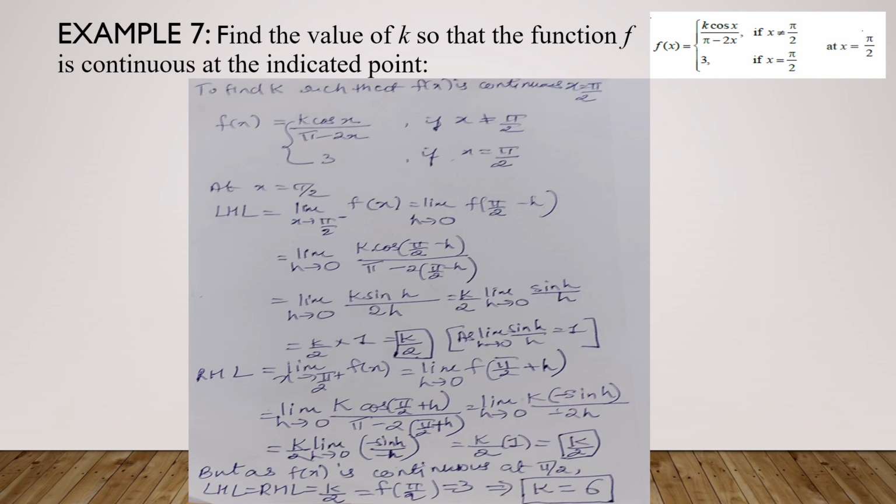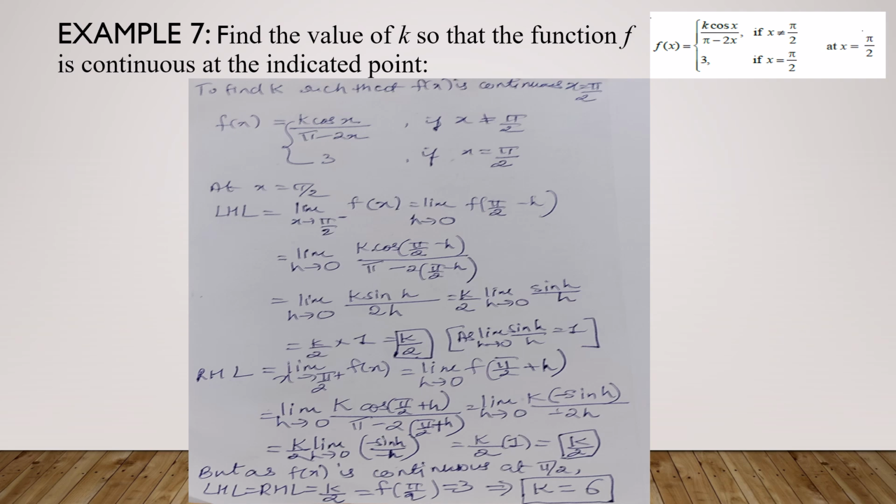So limit x tends to pi by 2 from the left hand side, means limit x tends to pi by 2 minus of f(x). How is it defined? It will be defined as f of pi by 2 minus h. Now as x tends to pi by 2 from the left hand side, your h will tend to 0. Since it is from the left hand side, you have to apply f of pi by 2 minus h because it approaches pi by 2 from the left side.